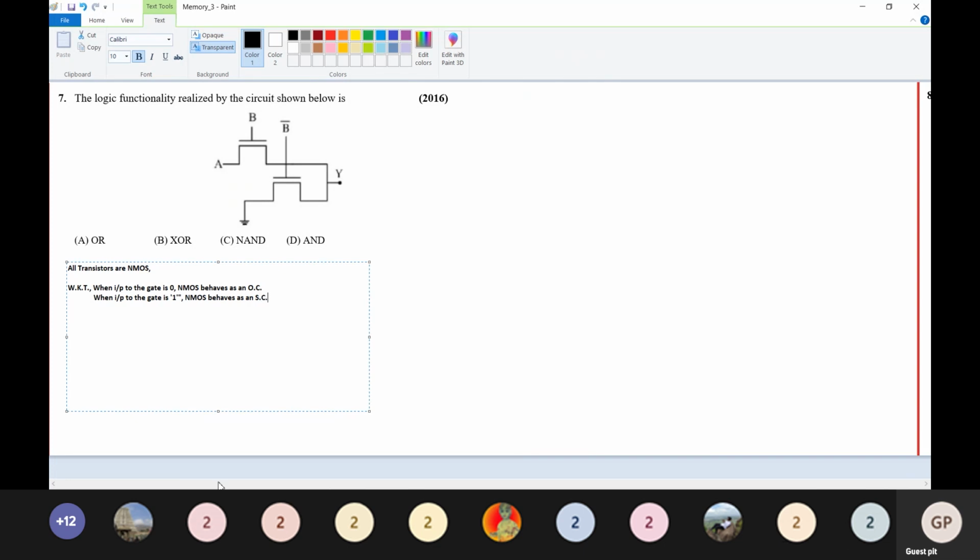This is the basic function that you have to remember.